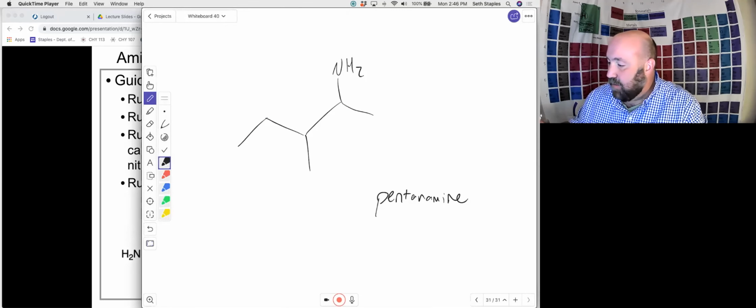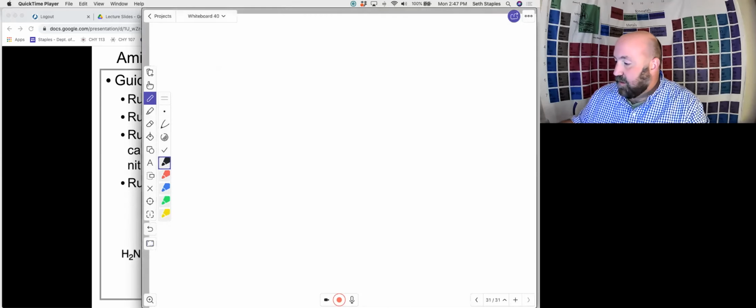We see that our nitrogen atom is attached to our second carbon, so this is going to be 2-pentanamine. And here on our third carbon, we have a methyl group. So the full name, 3-methyl-2-pentanamine.